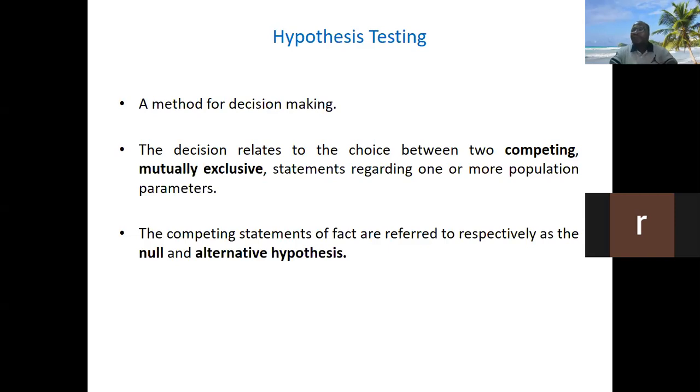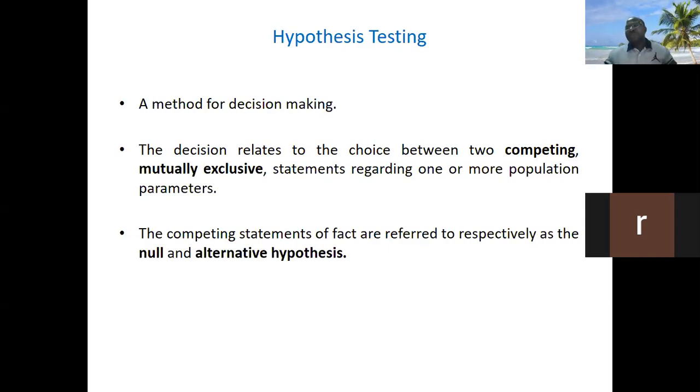Ab initio, from the beginning, before I do the study, I have a hypothesis I want to test. So the hypothesis is about a relationship between two variables. We want to see, does this relationship exist or does it not exist?